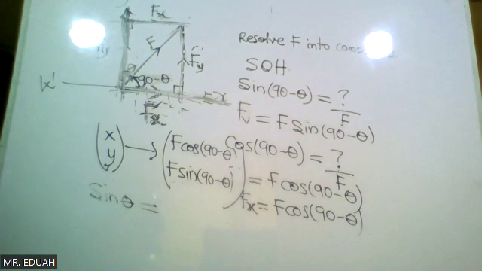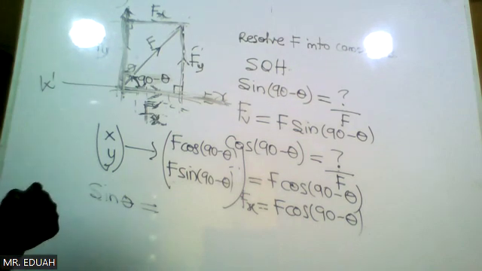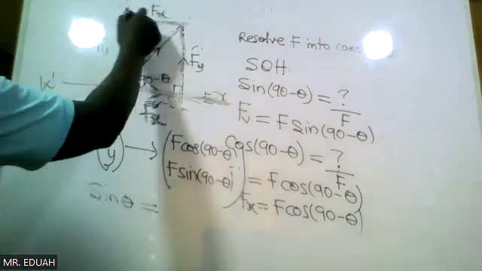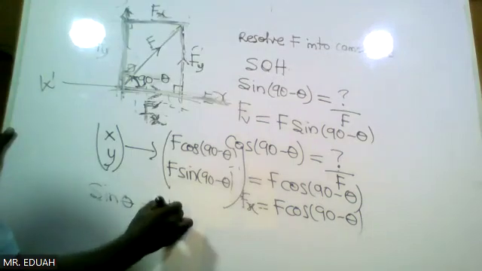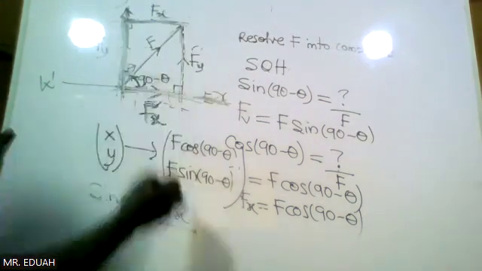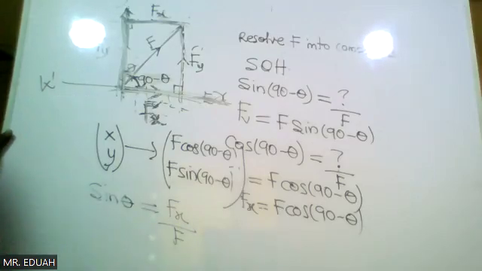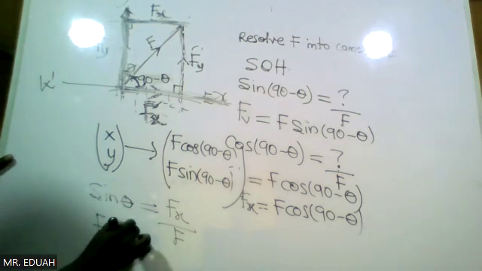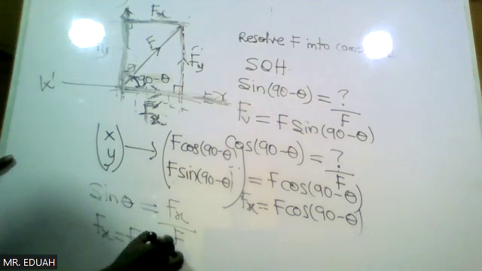Sine is opposite, which is this, Fx over the hypotenuse, which is F. Therefore, if you make Fx the subject, you have F sine theta.